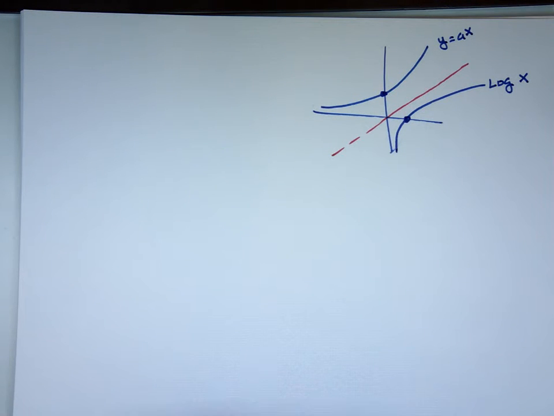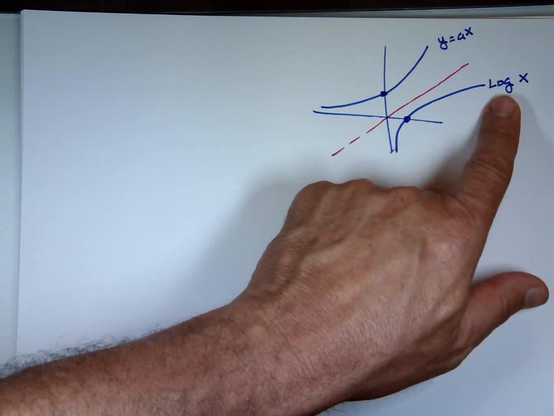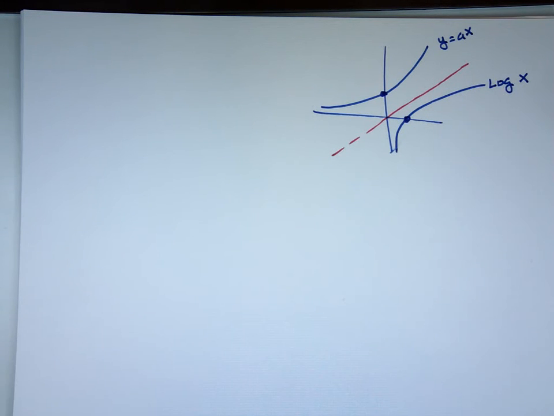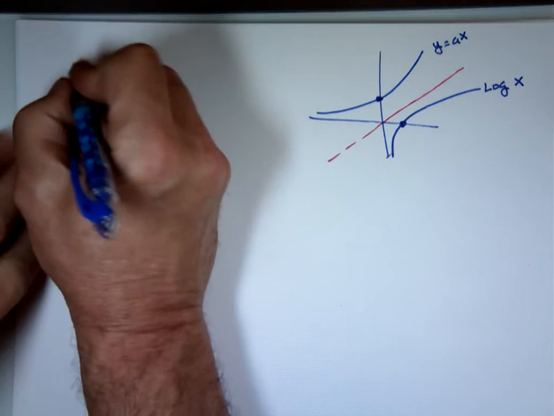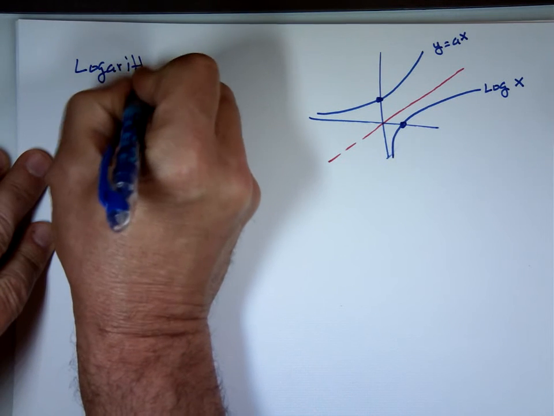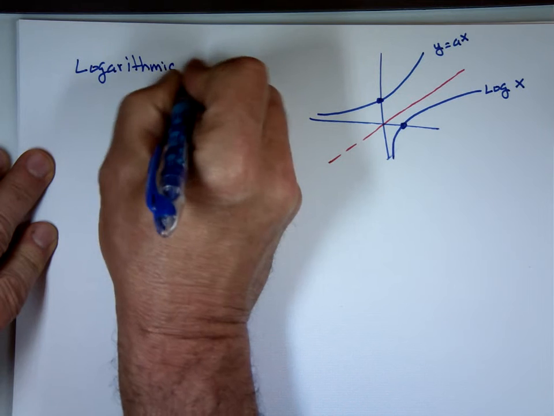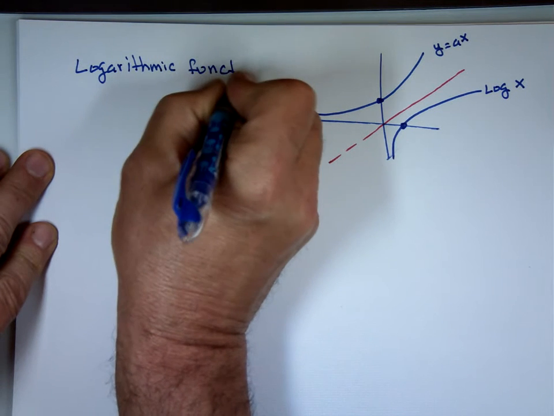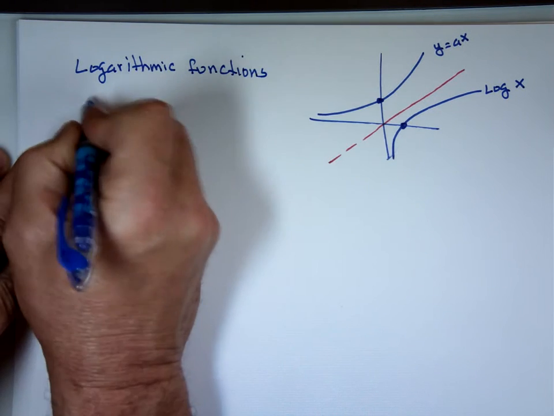Notice just by looking at that picture, these are the log functions. By looking at it, I know a few rules about the log. I know what my domain is. My domain for the log function: what's the domain?